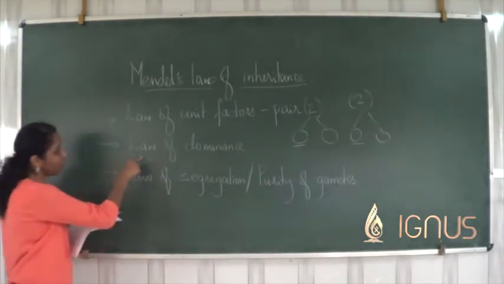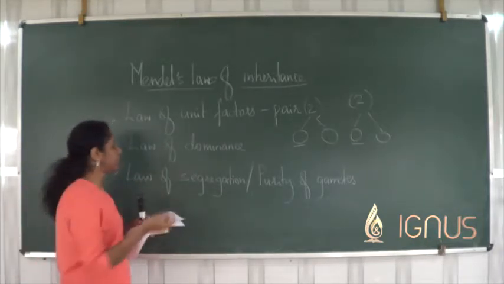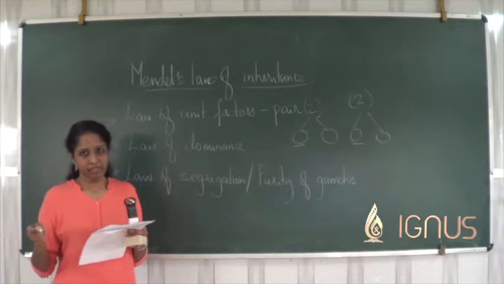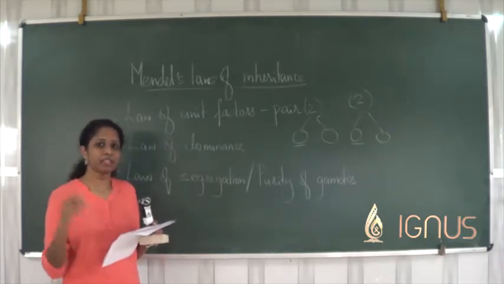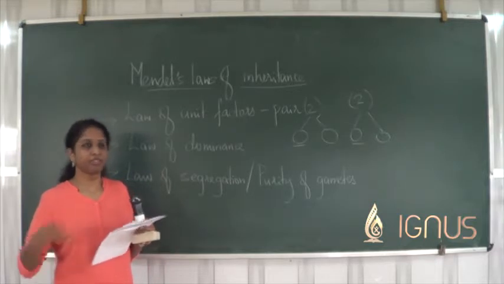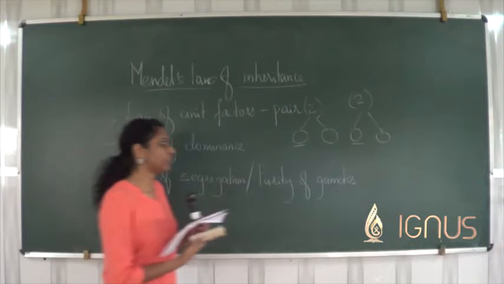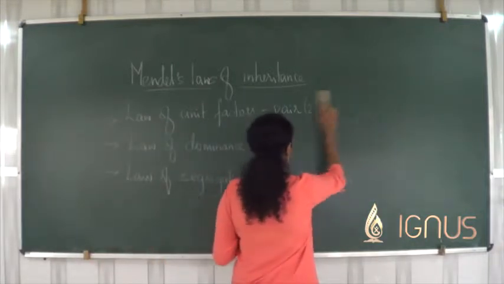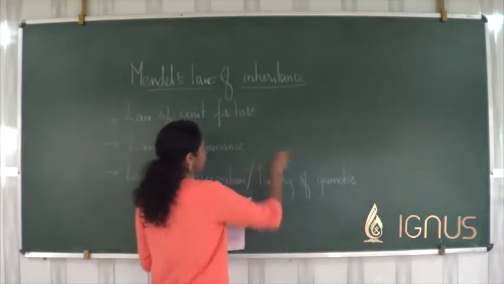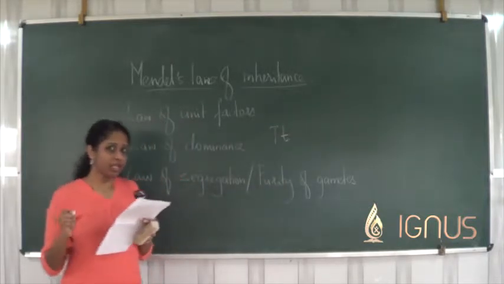Now coming to the law of dominance, it is very self-explanatory that if you take a pair of factors, one of the factors is dominant as opposed to the other, which is recessive, which we have been talking about in the monohybrid cross. If you take a heterozygous tall plant, it would have a genotype of capital T and small t.